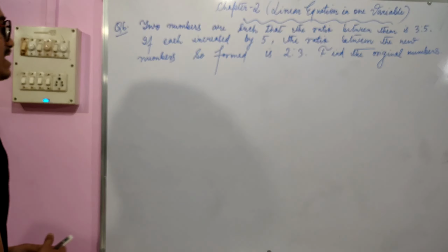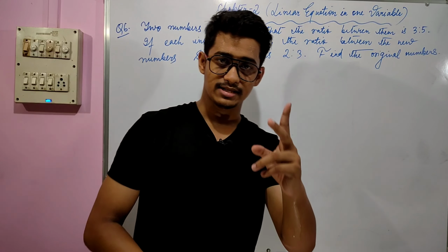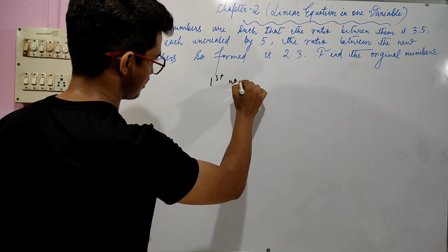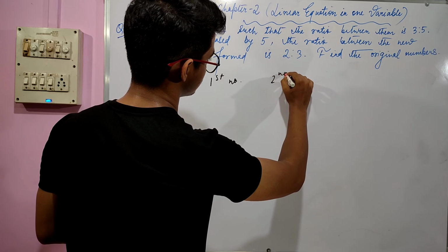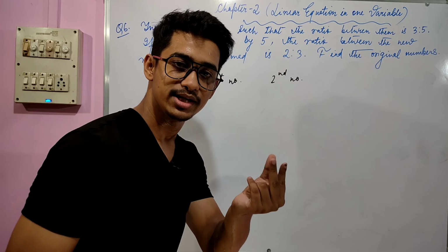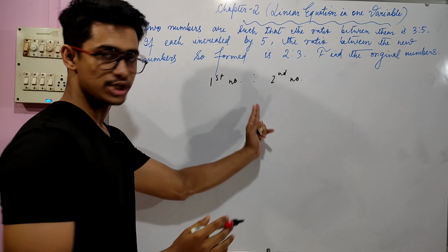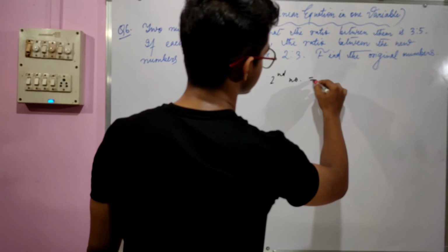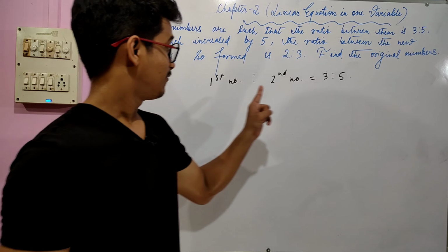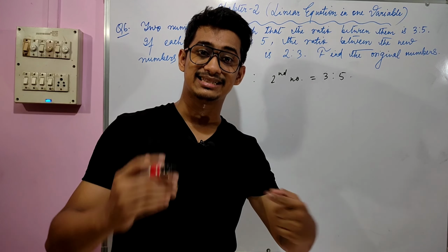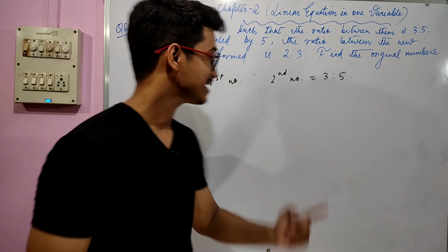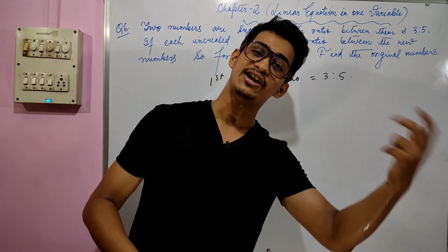Because the first number and the second number are being compared under the condition of ratio, so it is compared with 3:5. That means the first number will increase 3 times and the second number will increase 5 times.